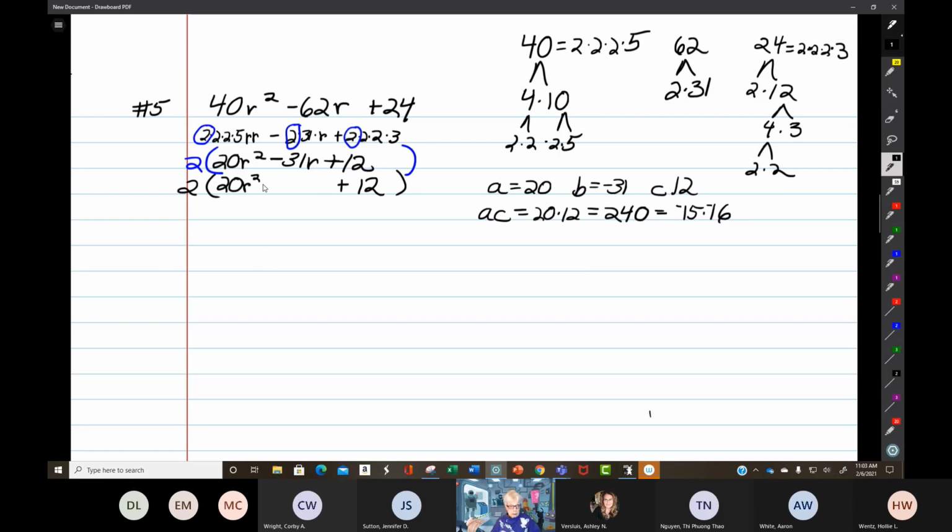But negative 31r is going to break apart into negative 15r, negative 16r, which is you take away 15 r's, then you take away 16 r's, you've taken away 31 r's. I need a drink after that. That was good work. Woo!